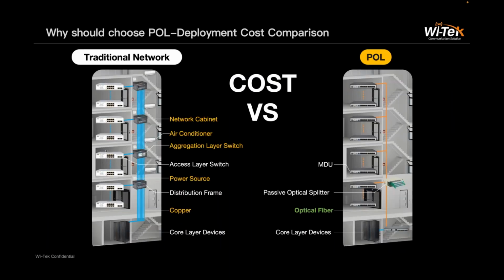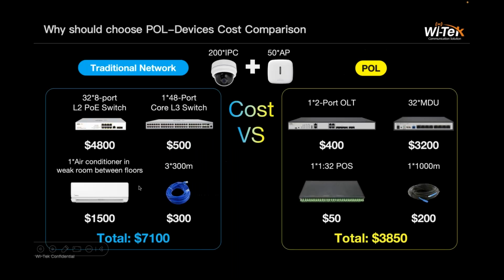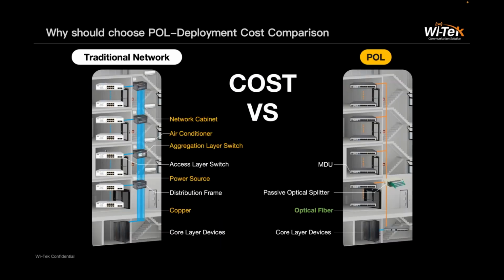Okay, then we can compare another cost, the deployment cost. This is a traditional network. You can see this is a hotel with 5 or 6 floors. In the first floor control room, we have the core switch, and we run copper cable to every floor. On the next floor we add one cabinet.